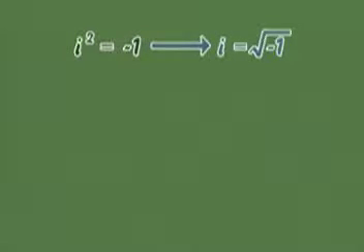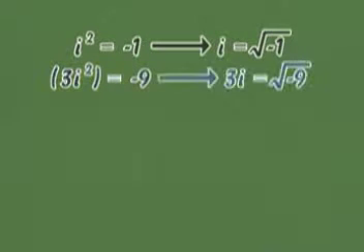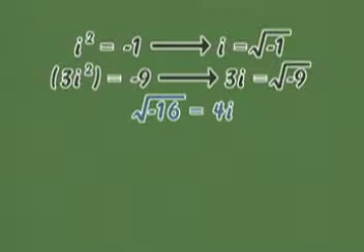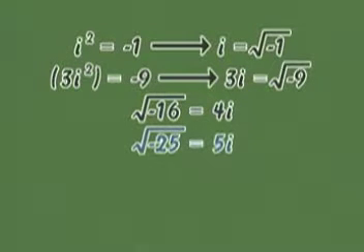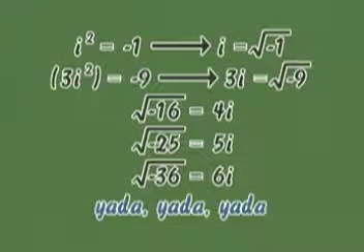And just as the equation i squared equals -1 can be expressed in the form i equals the square root of -1, the equation 3i squared equals -9 can be written 3i equals the square root of -9. Similarly, the square root of -16 equals 4i. The square root of -25 equals 5i. The square root of -36 equals 6i. And you get the idea.